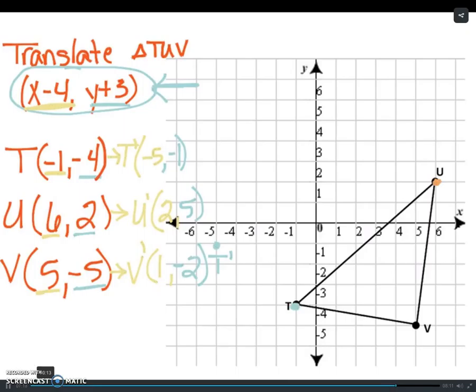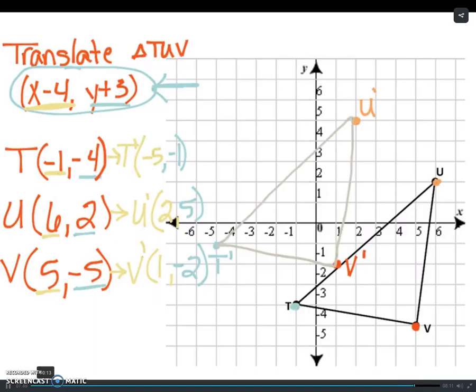So over 2, 5. So this is U prime. And then V, which was originally down here, and it's going to go over 1 and down 2. This is V prime. We can go ahead and connect all of our coordinates here. And that is our new triangle.